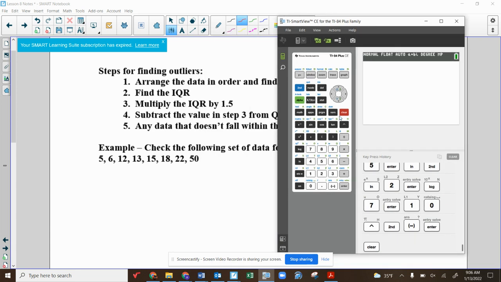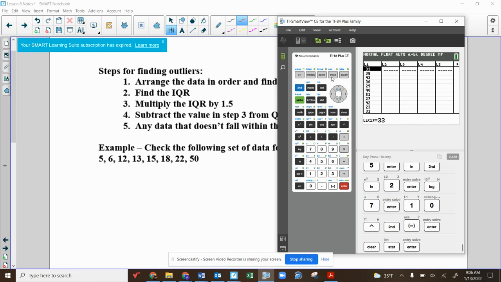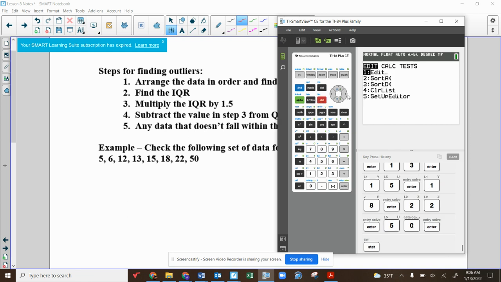Let's put it in the calculator and find the numbers with that. All right, so after you got your numbers in there, let's double check them here. Looks like they're all good. Stat, calc, 1-Var Stats, list 1, leave that blank like we've been doing.